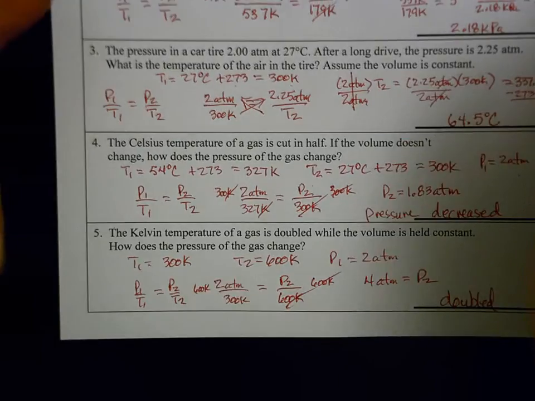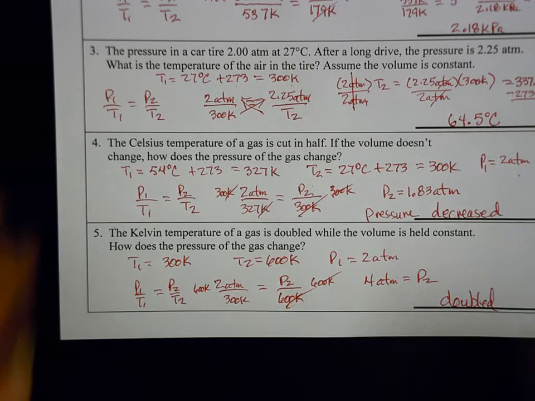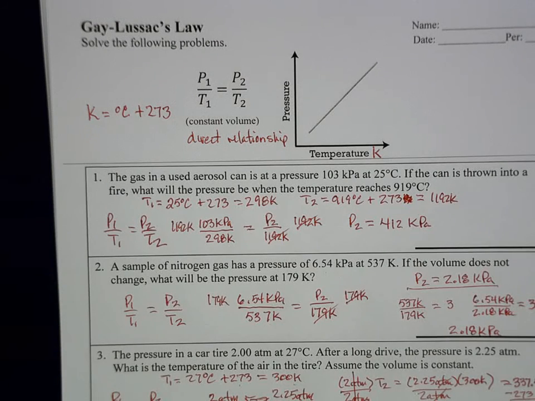So, almost identical to doing the problems for Charles' law. It's just this one had pressure and temperature instead of volume and temperature. Questions? What if you had P2 instead of P1?